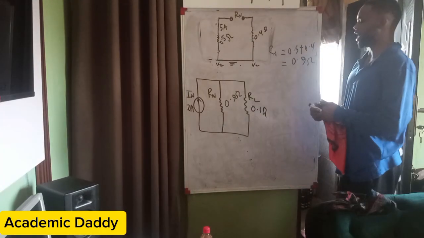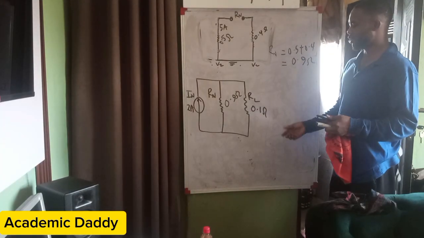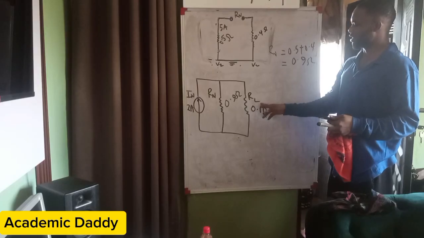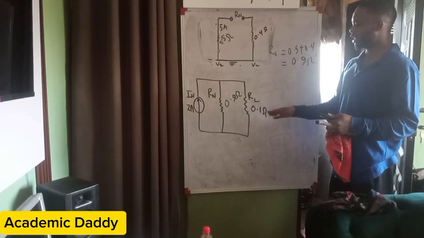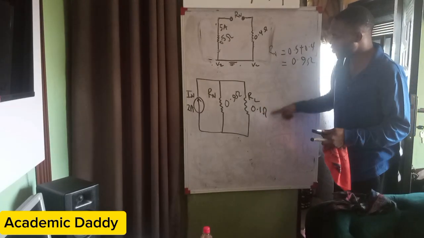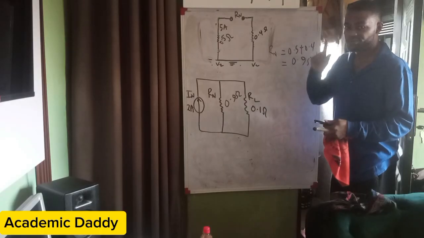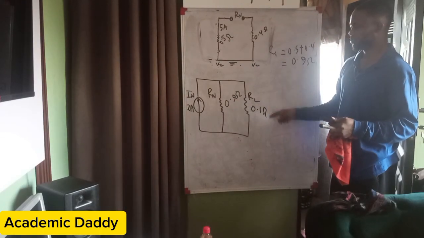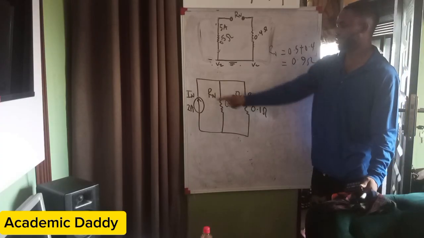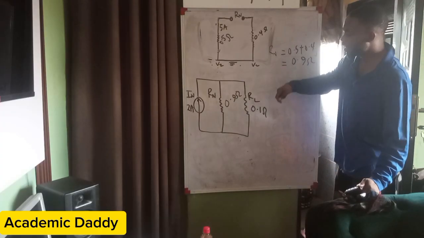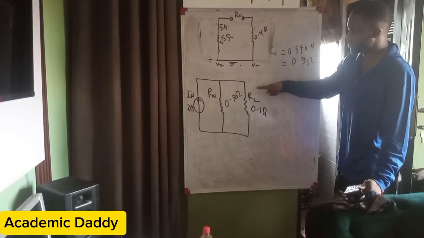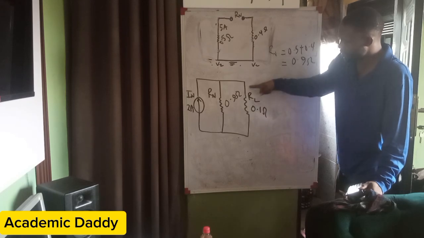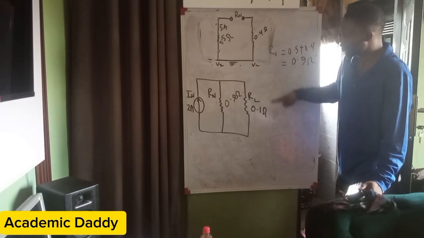So assuming they now ask you maybe to find the current in this particular one, as you have your load now, it's different from when they say the Thevenin current that we've gotten. As you have this load now, and you have this Thevenin's current, maybe they come and tell you to find the current in this load resistor.